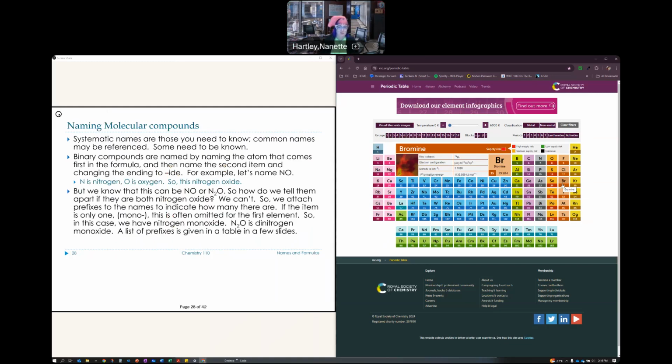Now we're going to talk about naming our molecular compounds. So we needed to talk about the fact that ionic compounds are different than molecular compounds because you needed to know that ionic compounds are made from metals to nonmetals. They're based in the charges, so that's how we form those formulas. And then our molecular compounds are made from nonmetal to nonmetal bonds, and it's not based in the charges, so it can be lots of different things, and they're sharing electrons.